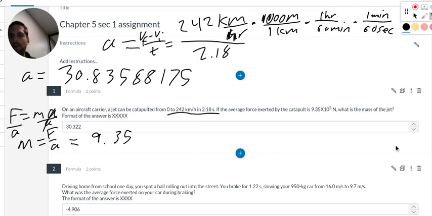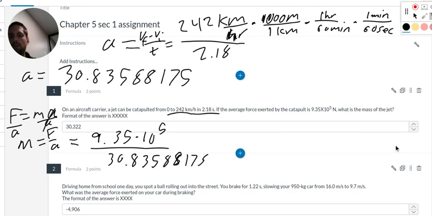Once I have that, I can plug in my values. 9.35 times 10 to the 5 over 30.83588175. I have to keep all the decimals here because otherwise it might make a mistake.